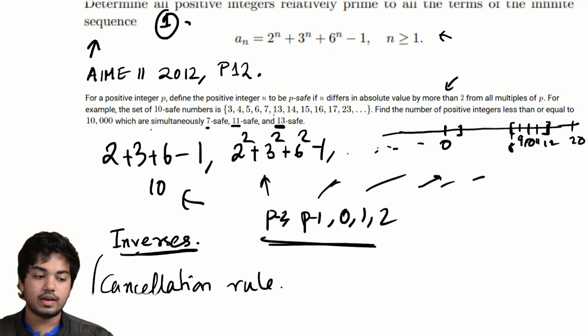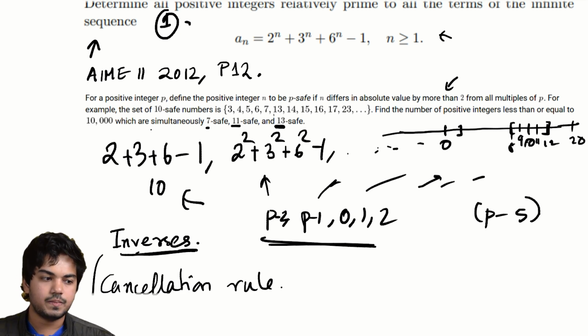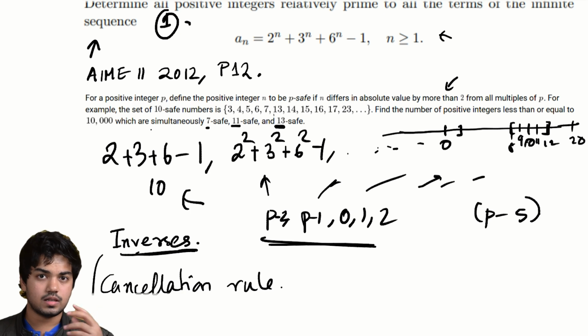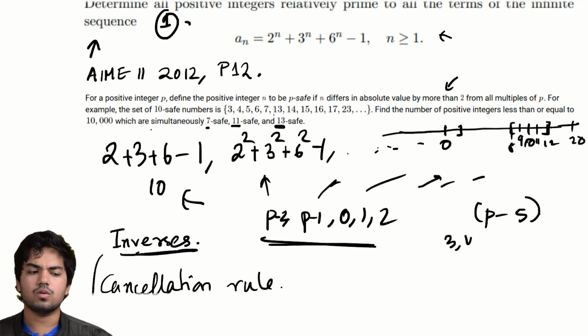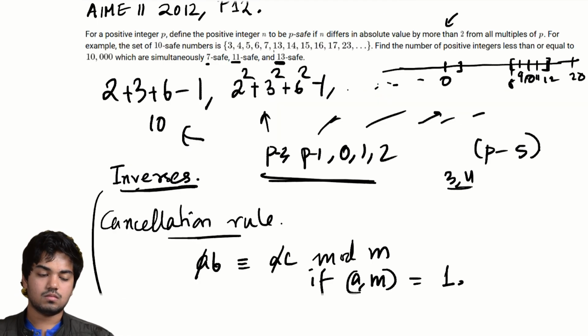And hence, you can be congruent to P minus 5 numbers modulo P. So if you want to be 7 safe, you can be 2 unique residues mod 7, which would be, I think, 3 and 4 mod 7. Those are safe. Similarly, if you want to be 11 safe, you would have 6 residues that you are okay with.